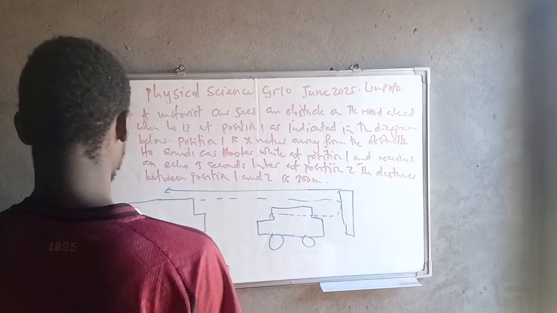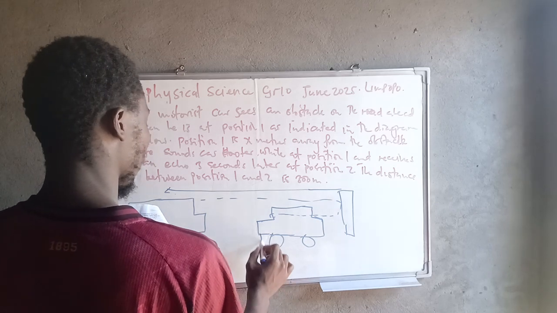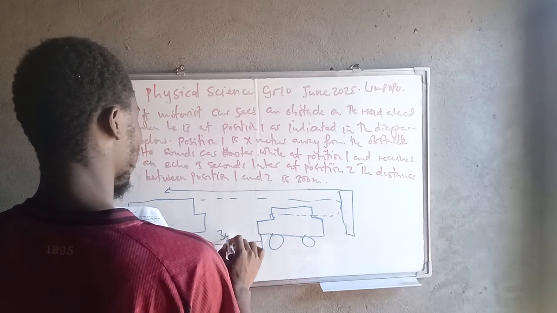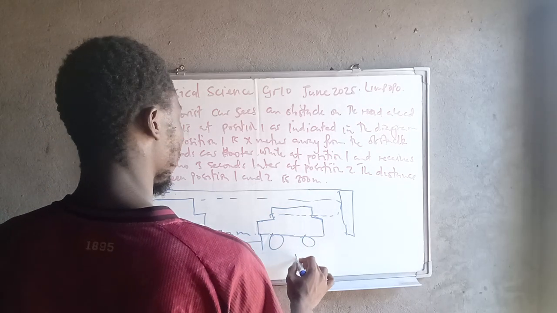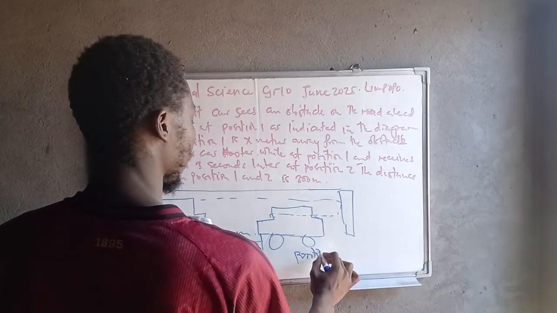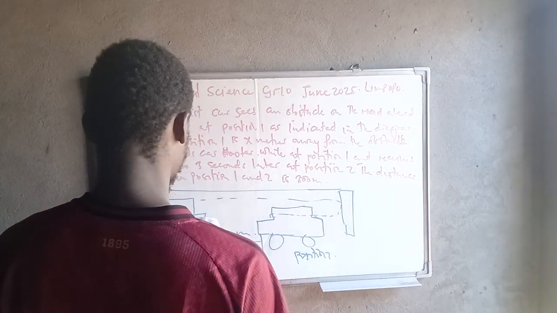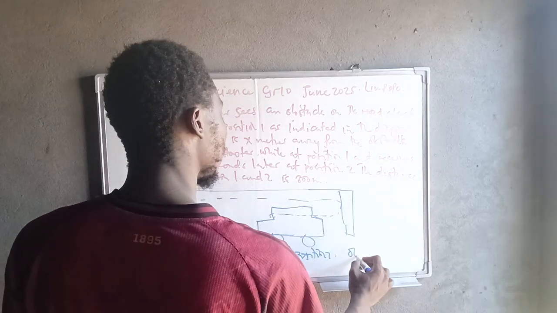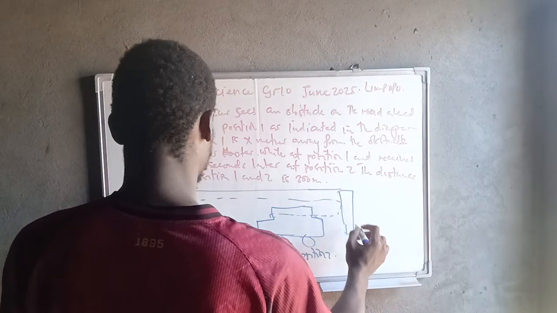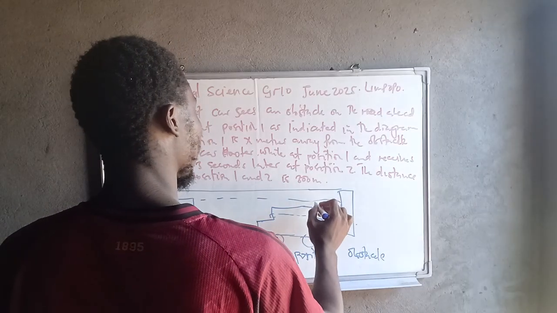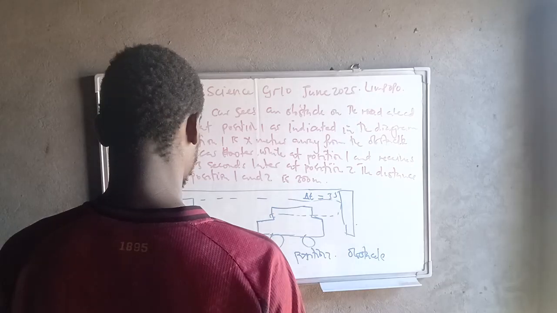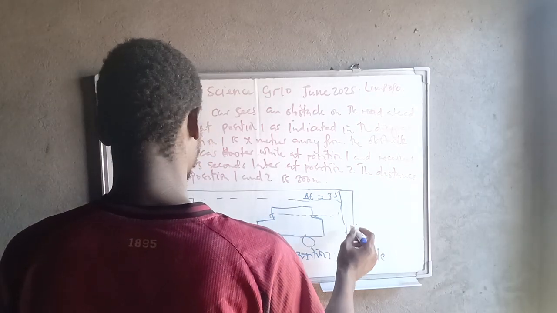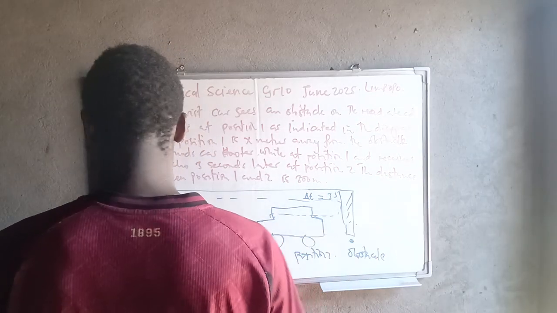I think the distance between these two positions is 300 meters. So this is position 2. Then this is the obstacle. So we are given change in time equals 3 seconds.